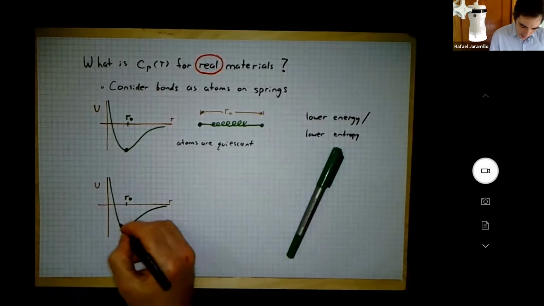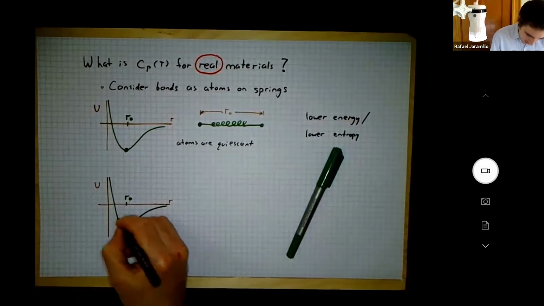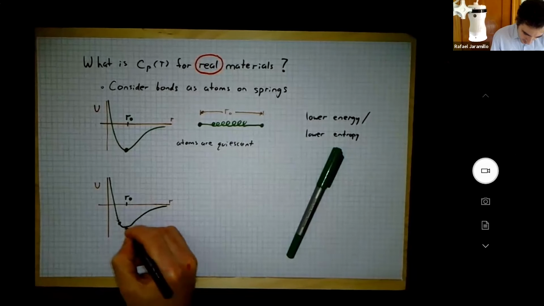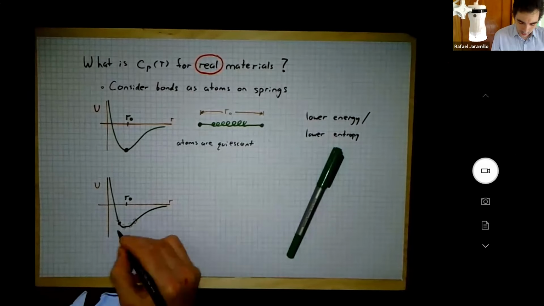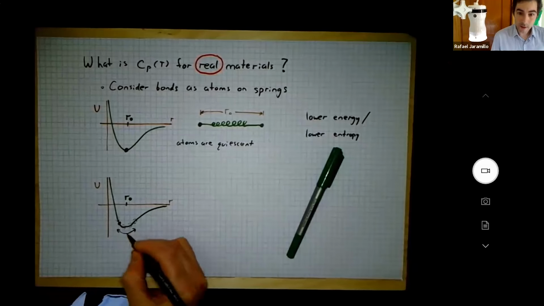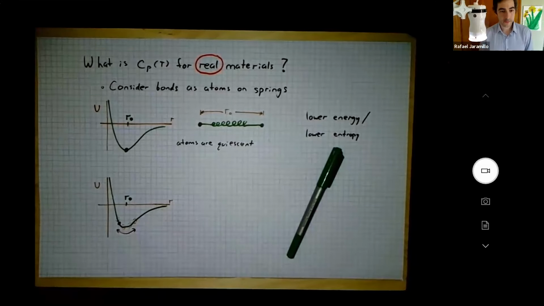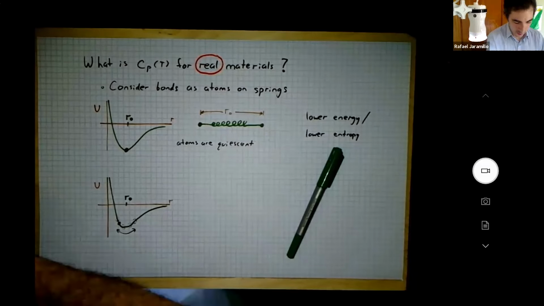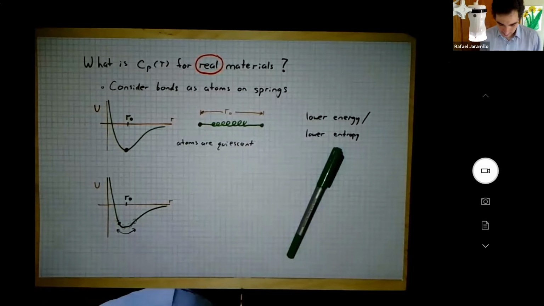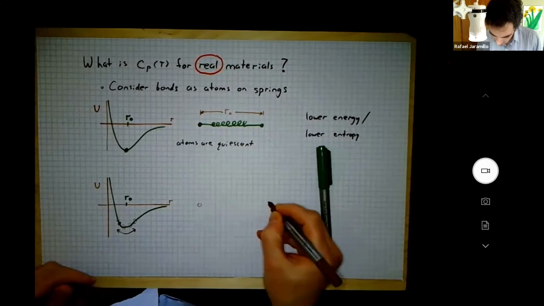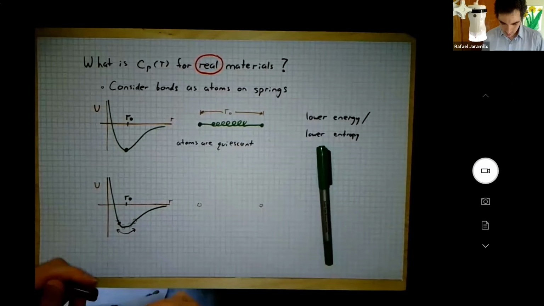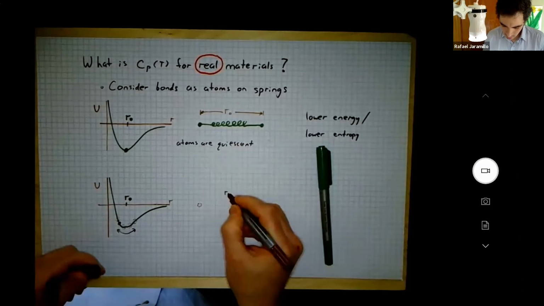So my atoms are oscillating. They're vibrating around that minimum. So let's draw that over here. Let's say that this is R naught.